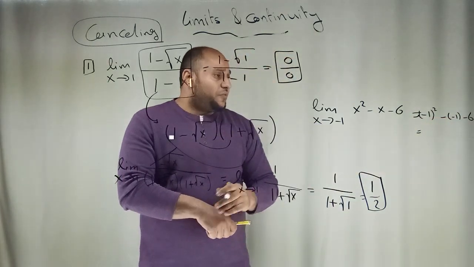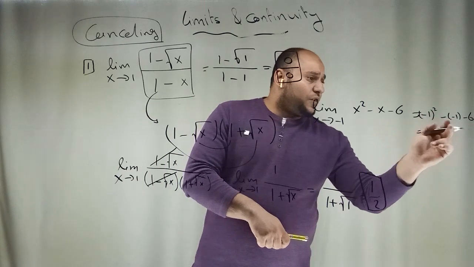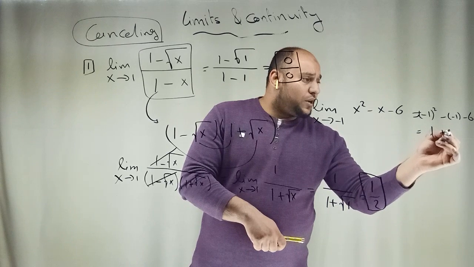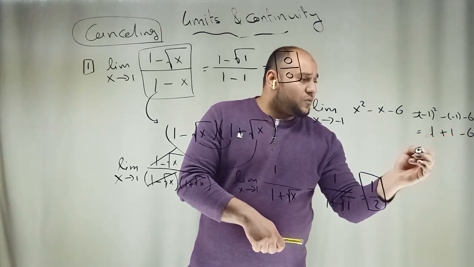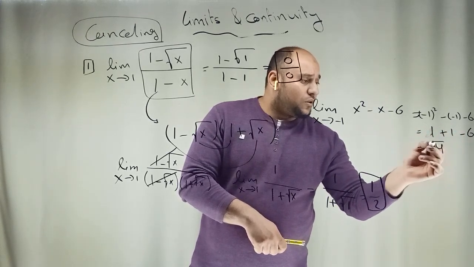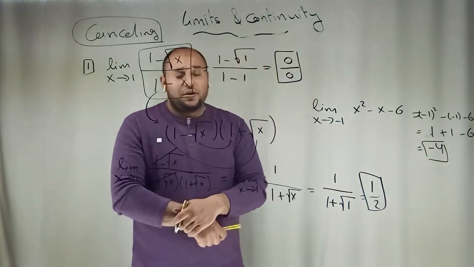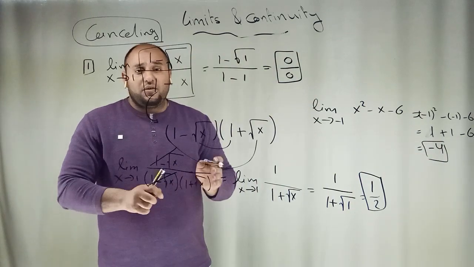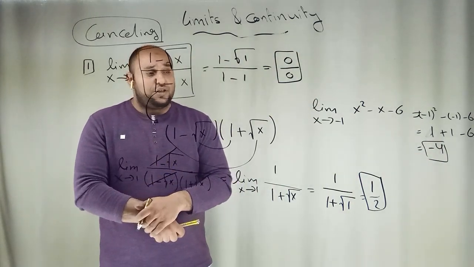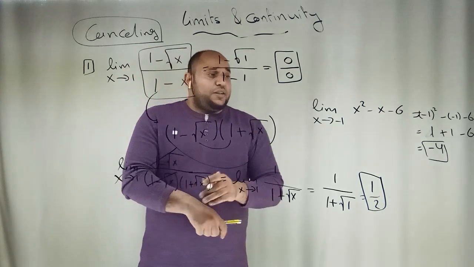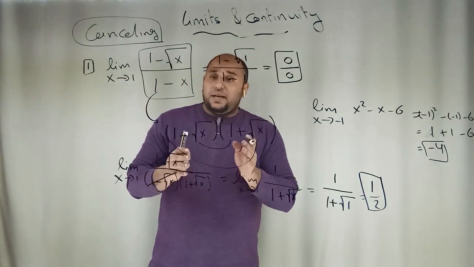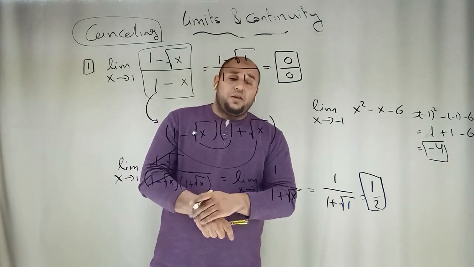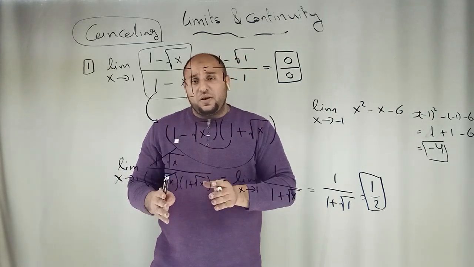Make some simplification. It will be 1 plus 1 minus 6. This will be equal to -4. For this polynomial function, I can make it by direct substitution. If it gives me an unknown value, I have to make factorization or simplify this function. The limits are already complete, with continuity.